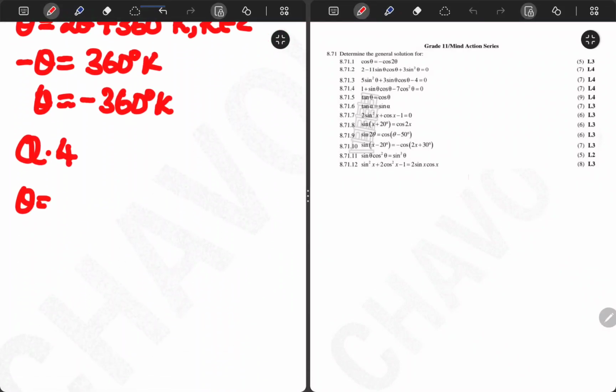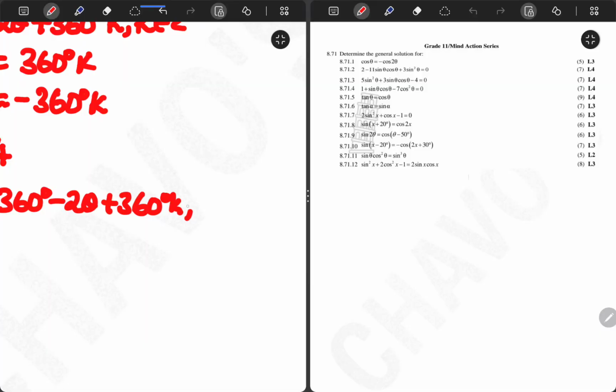So we're going to say theta equals 360 minus 2 theta plus 360k, k element of integers.